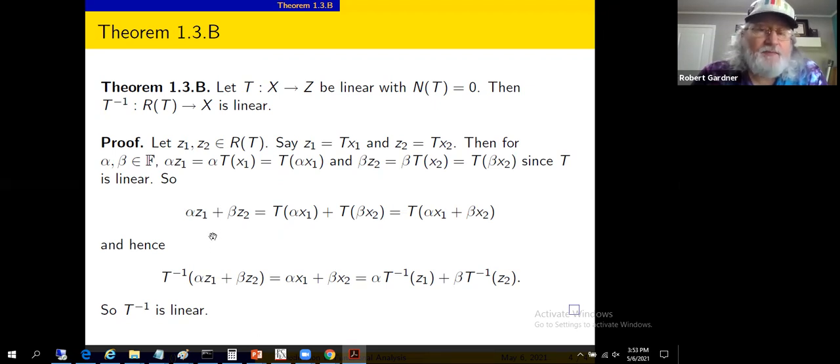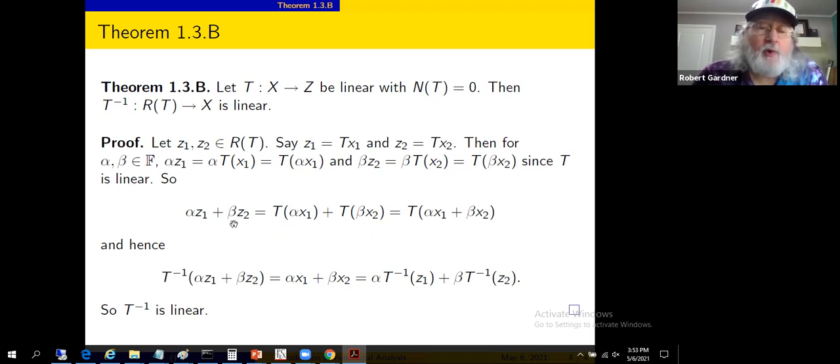By definition, T inverse of this element of capital Z equals this element of capital X, linear space. Linear spaces are Z and X. That is, T inverse of alpha Z1 plus beta Z2 equals alpha X1 plus beta X2.